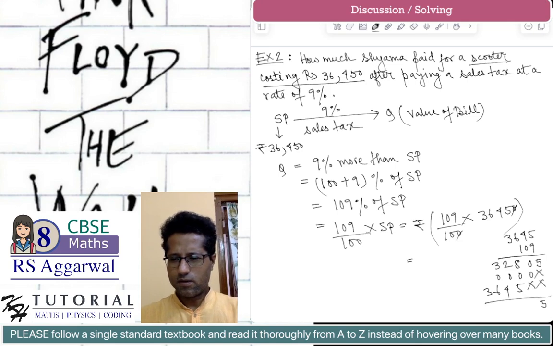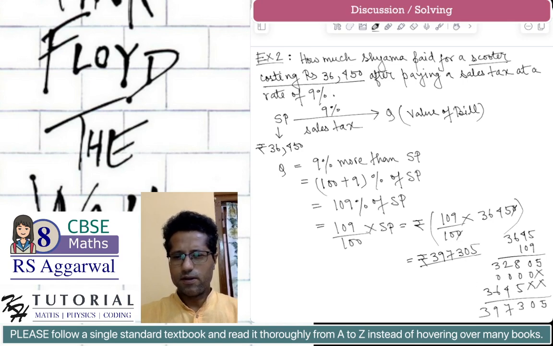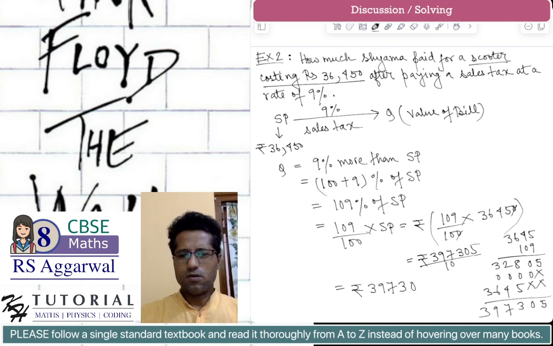So 5, 0, 13, 7, 9, 3. So this is 397,305 divided by 10, which is equal to rupees 39,730.50.